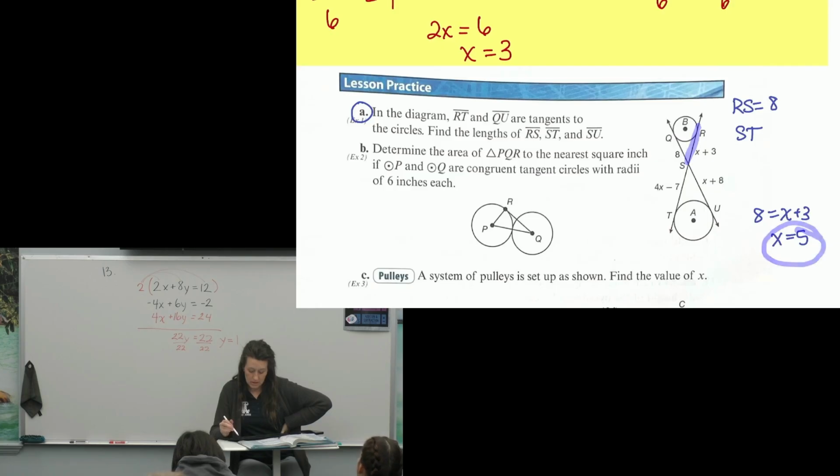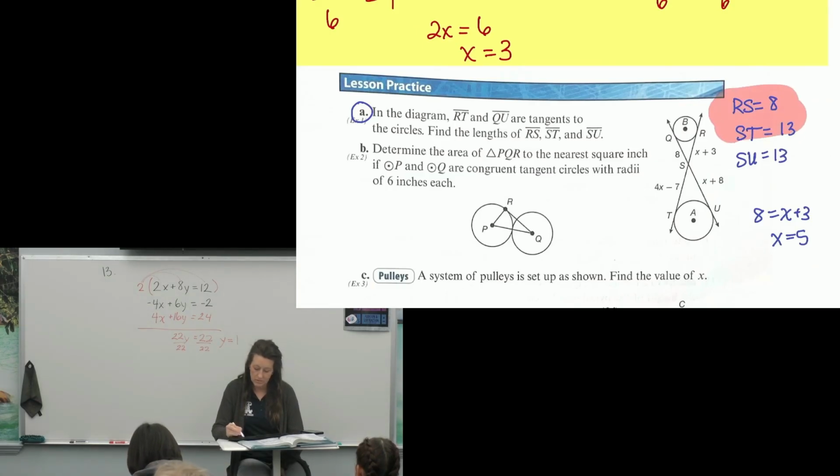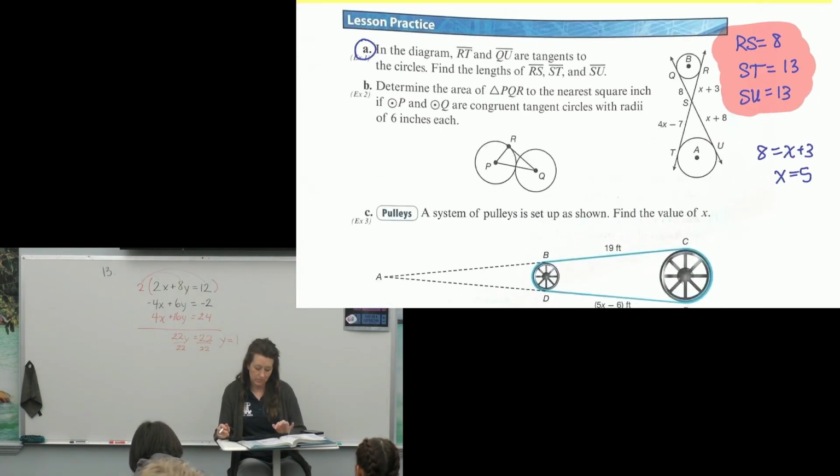So RS equals 8, and then ST, if we know that X equals 5, ST is 13, which means SU would also be 13. Easy, right? These tangent ones are great fun because they're just like, yeah, they equal each other, and that's what they want you to keep doing.